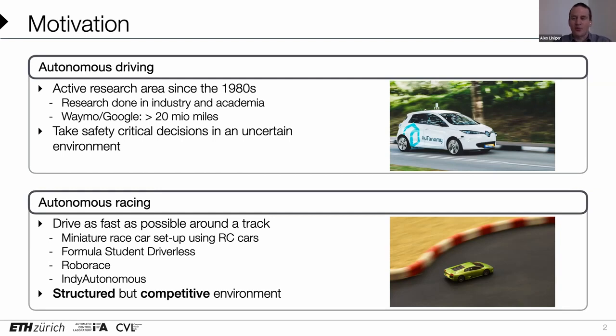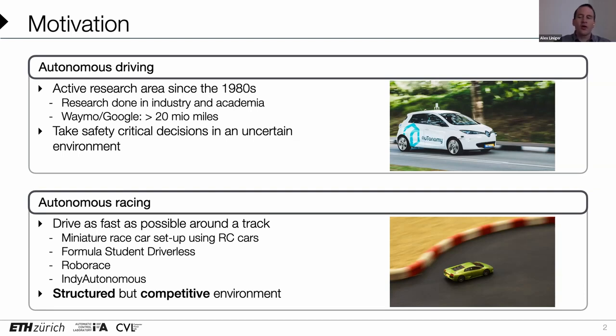But what I will talk to you about today is my work on autonomous racing. Autonomous racing is much less studied than autonomous driving. And really the goal there is to drive as fast as possible around the racetrack. So there's a very simple and clear definition of what the goal is. Over the years the experimental platforms changed a bit. At the beginning, most people did it using miniature race cars, as in the work I will show you.